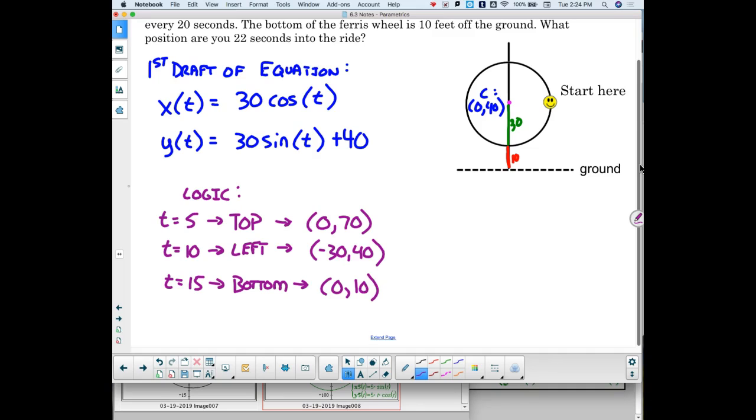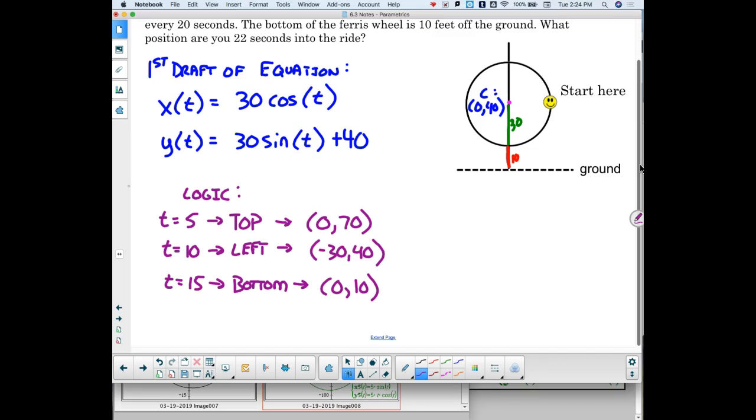T equals 20. Where am I? Back at the start. Position (30, 40). Okay? Love it. Love everything about it.